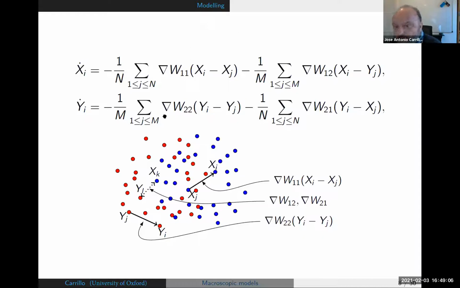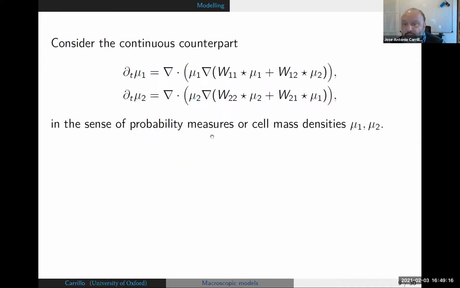So at the level of the system of two-particle interaction, you could write a system of that kind, again with a certain number of particles for each of the species, that you can write in the mean field limit, again, if you want, as a system now of interaction or aggregation type equations, in which the velocity field felt by one of the types of cells is a sum of the forces produced by the two densities with possibly different interaction potentials.